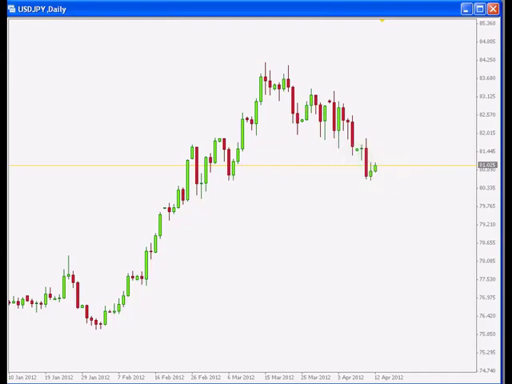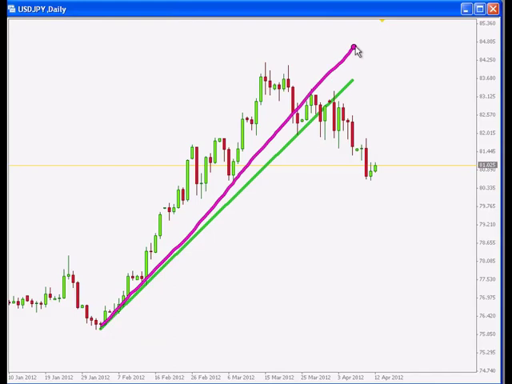In fact, I'm going to show you the actual trend line. That would be this trend line. Perhaps I could even make it a little tighter, but at any rate, it's already broken.